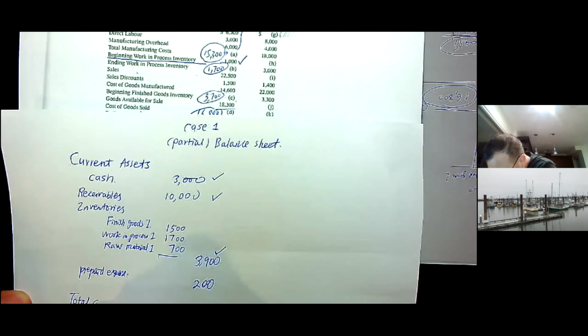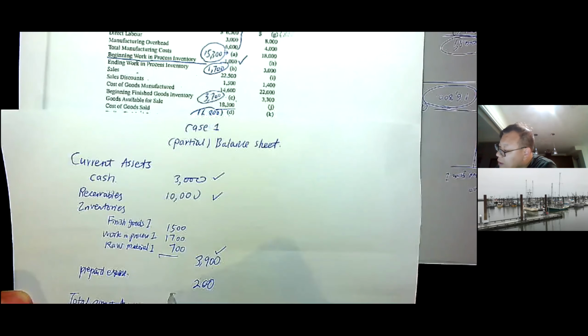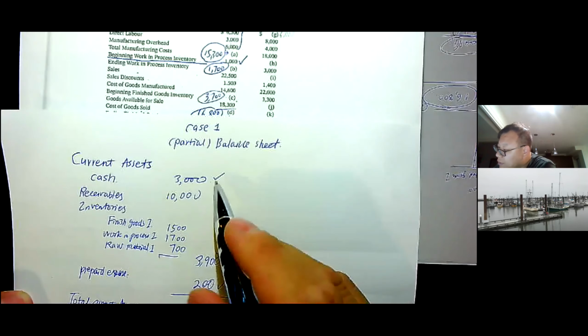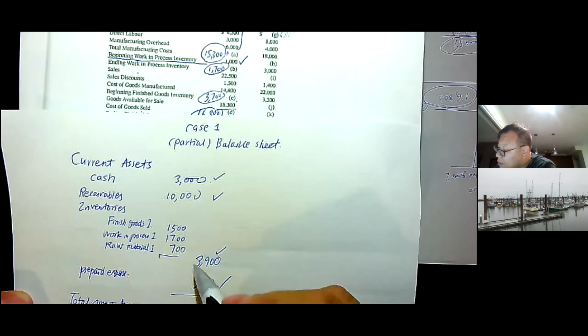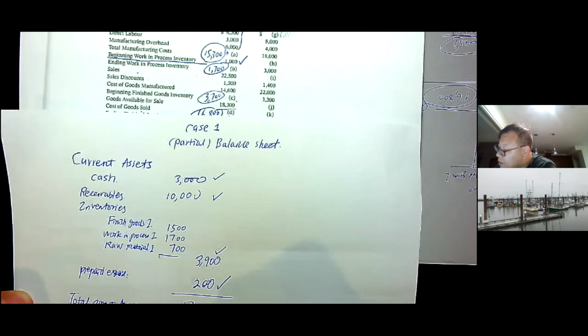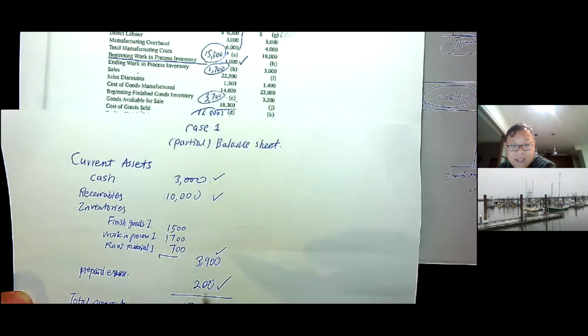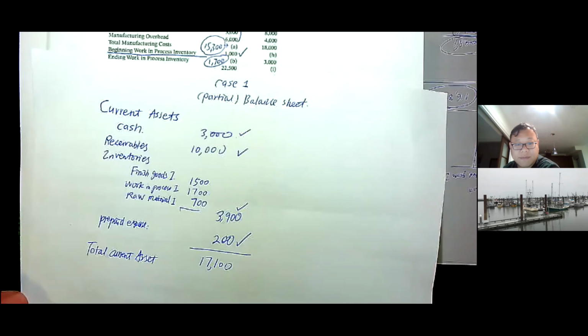Total current assets. So you add all these 4. 13, 16, 17,100.